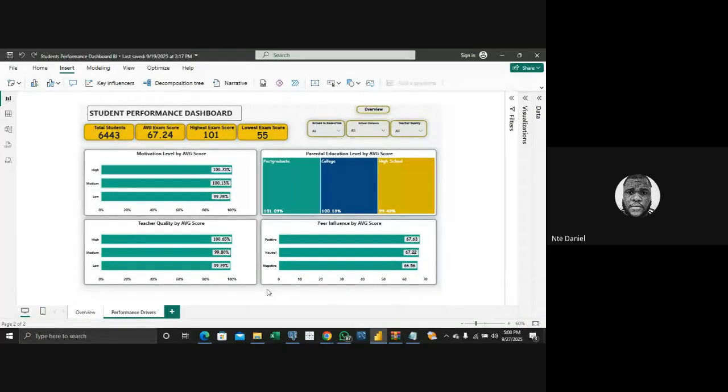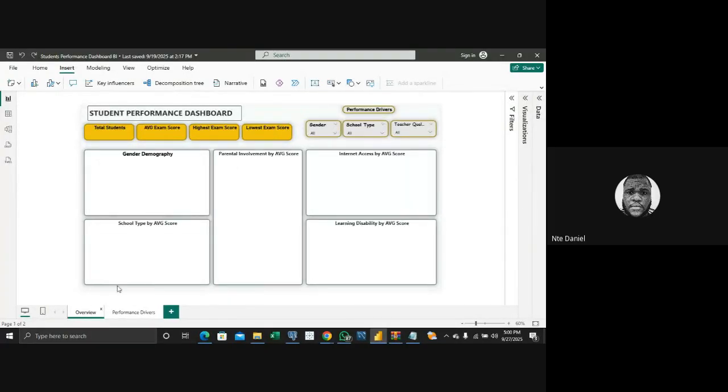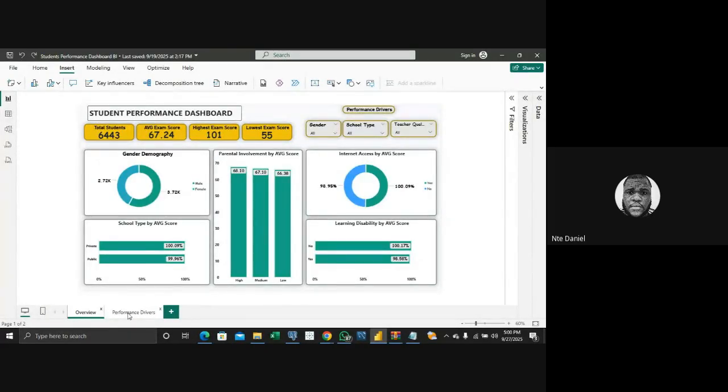So you're not passing the dimensions by that metric. You're passing a metric through the dimensions to see how they perform using that metric. So those titles have to be flipped to the opposite. So it's going to be average score by motivation level.